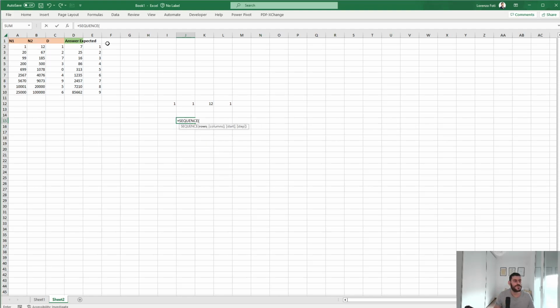A sequence of this minus this, start here, plus 1. Square means this times this. And then I want to do LEN of this minus LEN of SUBSTITUTE of this, substituting this block with nothing.